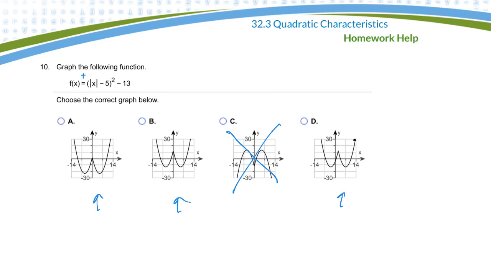Maybe to figure out which one it is, I can start plugging in some values for x and figure out what it would be. A real good one would be 0, because that'll give you your y-intercept, and this y-intercept is 0. This one is, I don't know, 10, something up there. And this one, y-intercept again, is at 0.